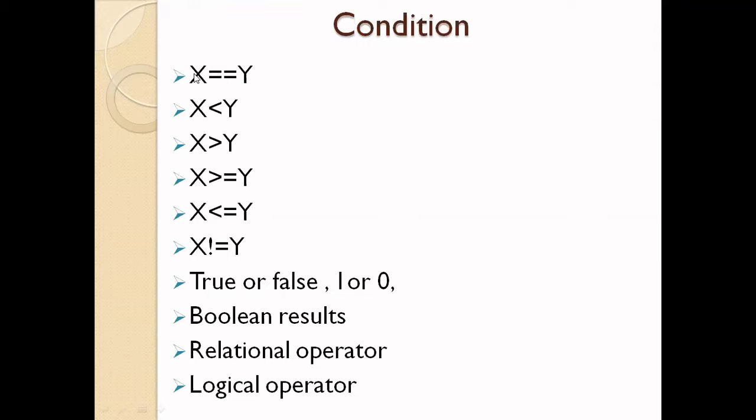If x is equal to 5 and y is equal to 5, the condition is true. If x is equal to 5 and y is equal to 6, the condition is false. Next you check x less than y, or greater than y, or x less than or equal to y, x greater than or equal to y, or x not equal to y. These are called relational operators.